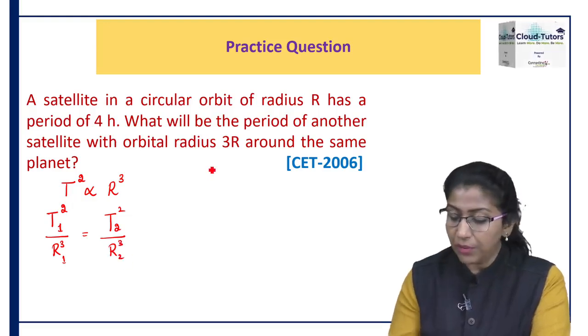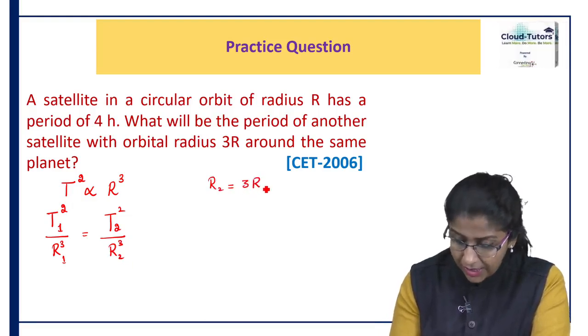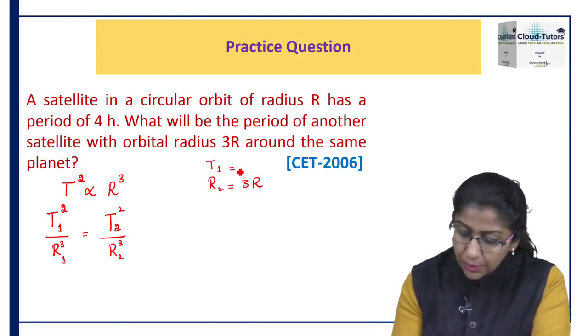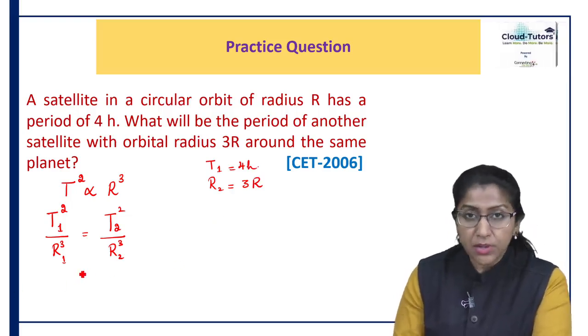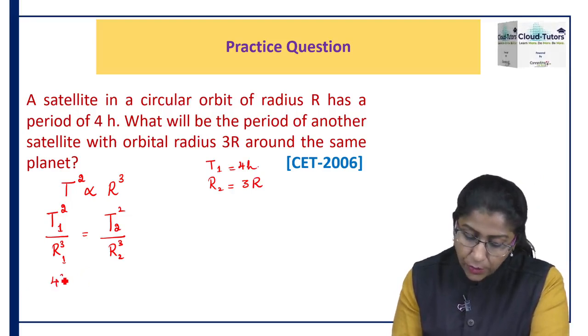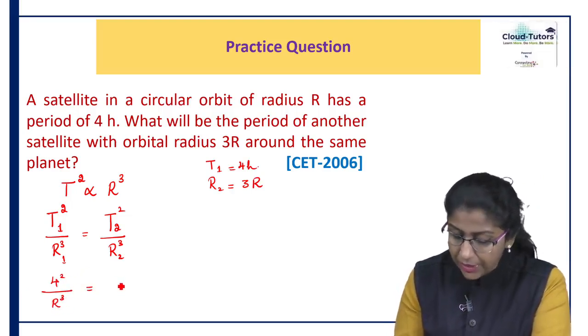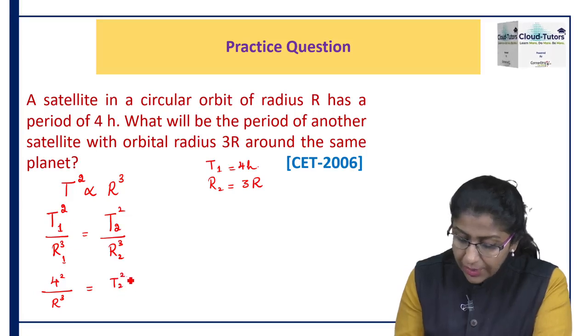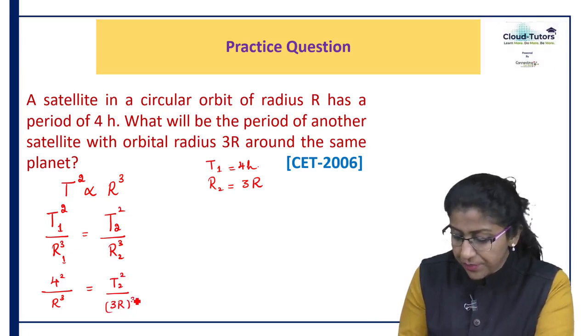Now we know that R2 is equal to 3R and T1 is equal to 4 hours. On substituting this, what do we get? 4 square divided by R cube is equal to T2 square divided by 3R the whole cube.